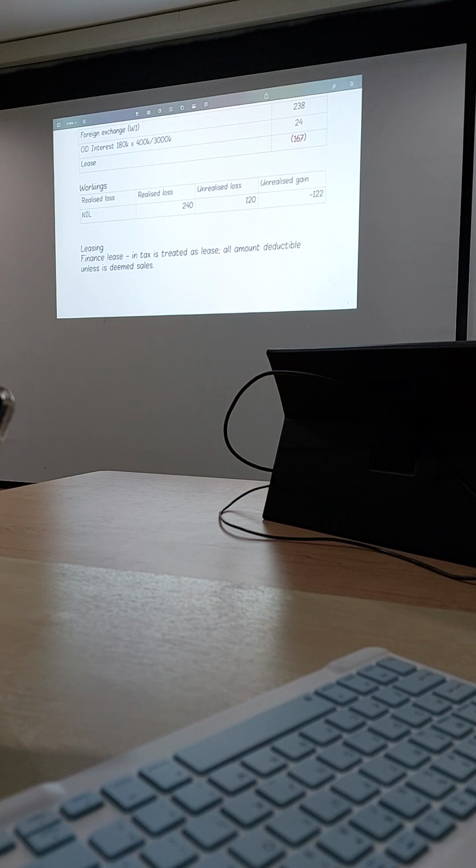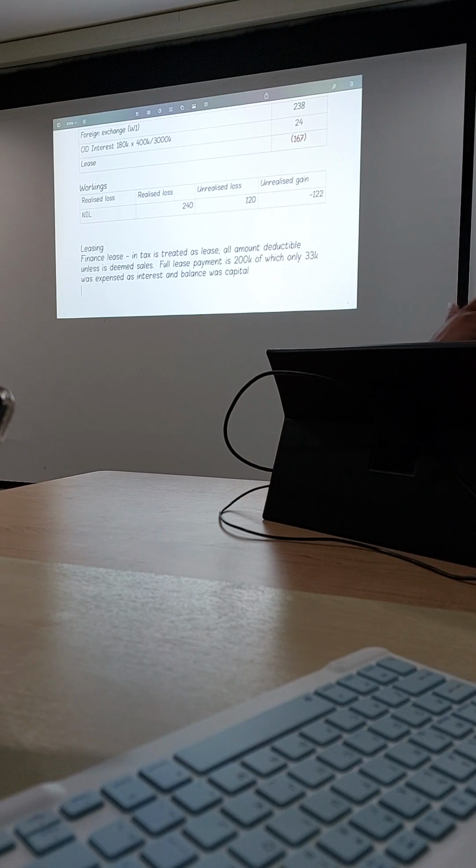So in this case, full lease payment is 200k, correct? No, it was expensed as interest. No, it's not that.